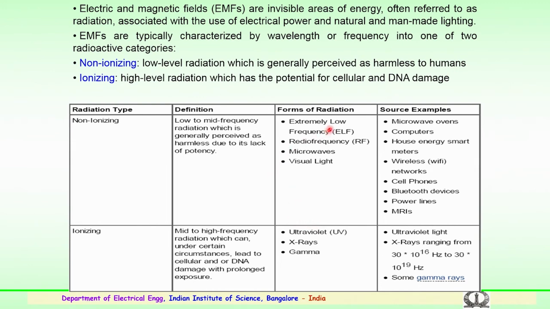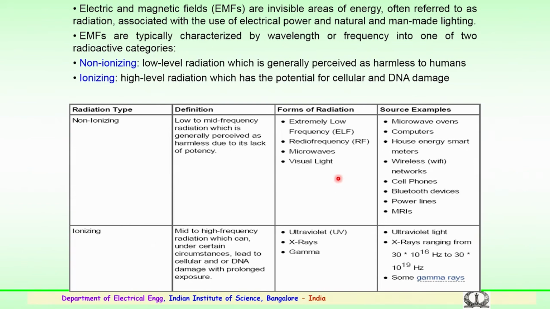The forms of radiation could be extremely low frequency, in the region of radio frequency levels, microwaves, or general artificial visual lighting, which is a man-made arrangement. So, these all come under non-ionizing radiation.